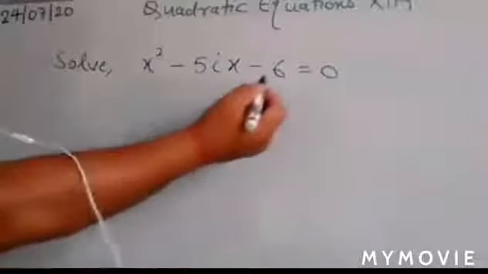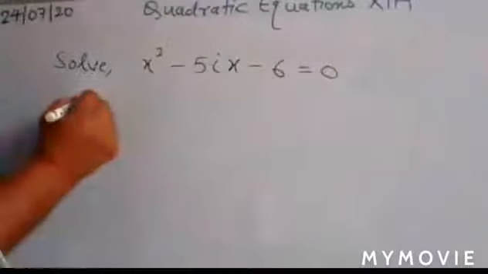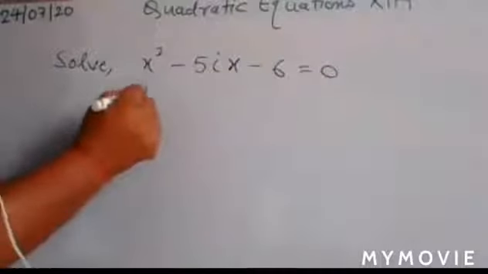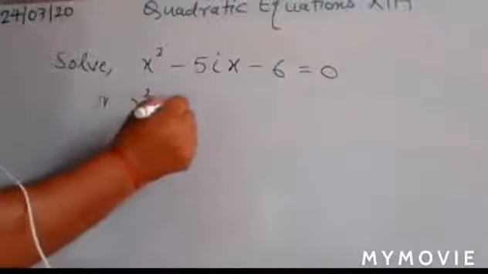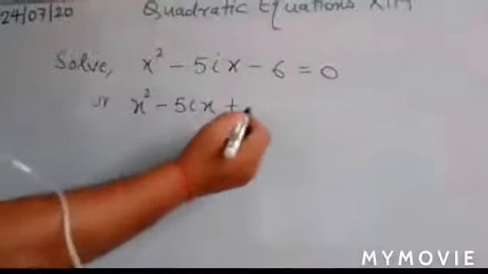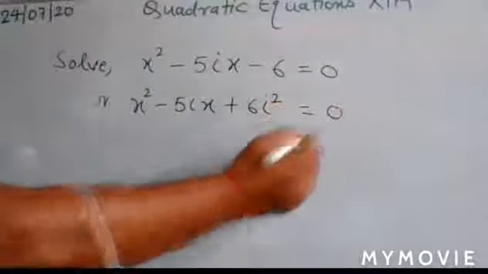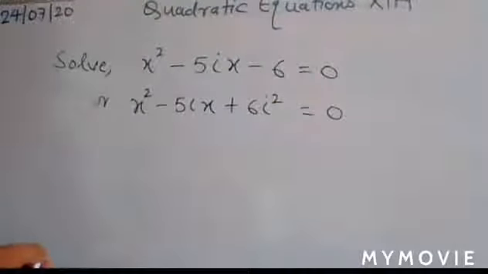So you have to express minus 6 as 6i square. So x square minus 5ix plus 6i square is equal to 0.